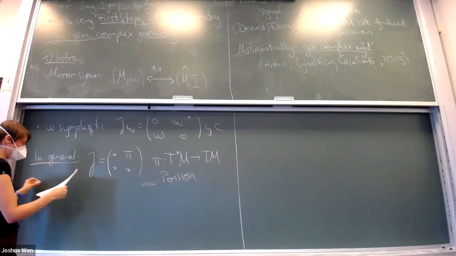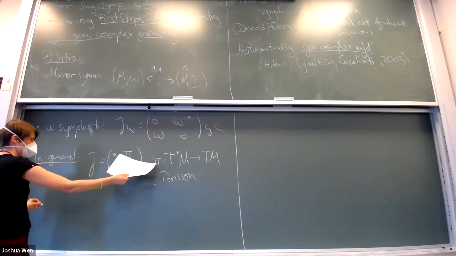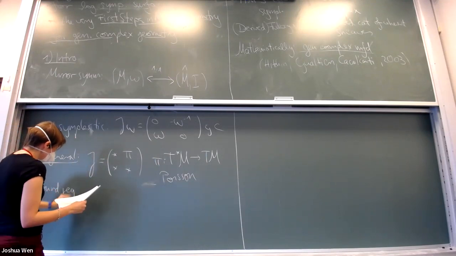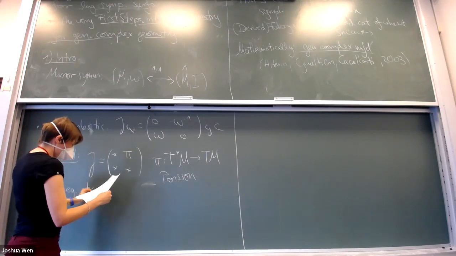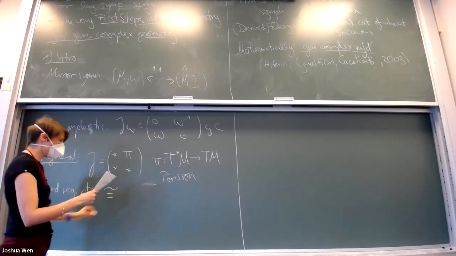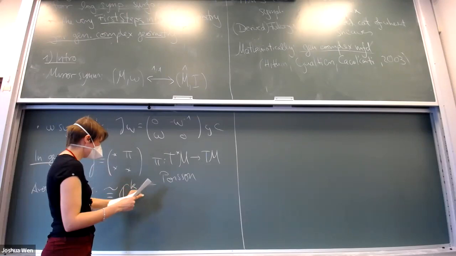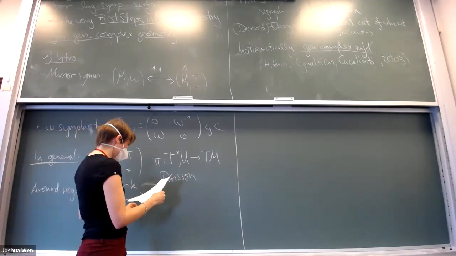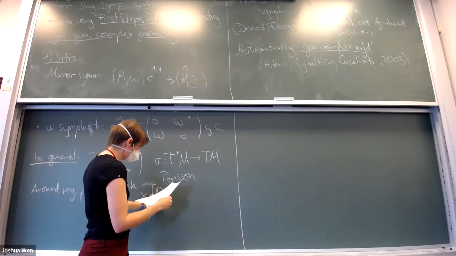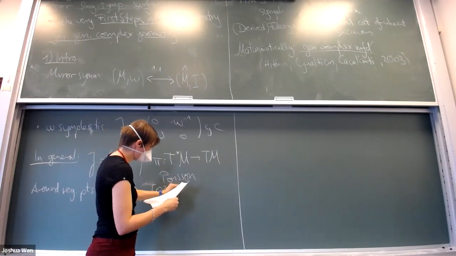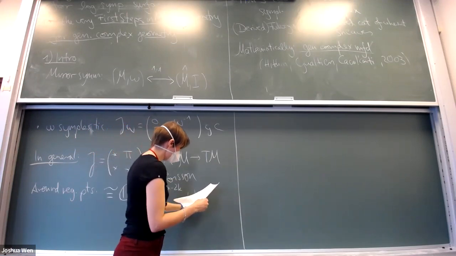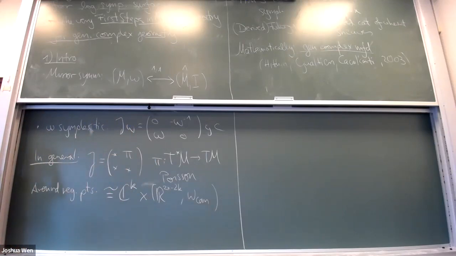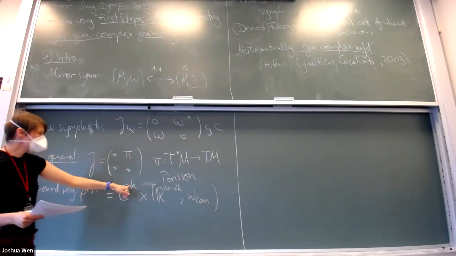So locally, at least around regular points, where the rank of this thing is regular, this is always isomorphic to some complex vector space with product the standard symplectic vector space.